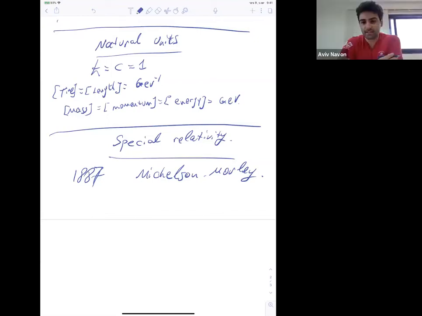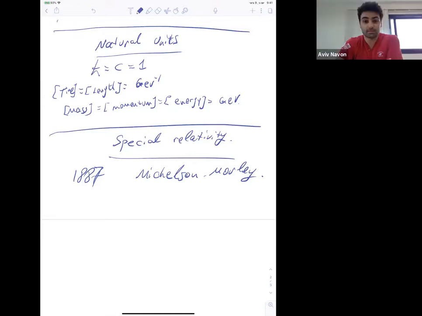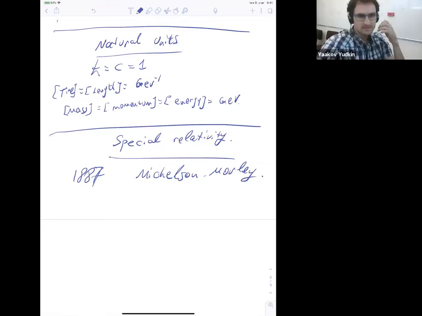The universe doesn't have a frame of reference. So what? What basic concepts in classical physics does it fail? Galilean transformation. Very good.